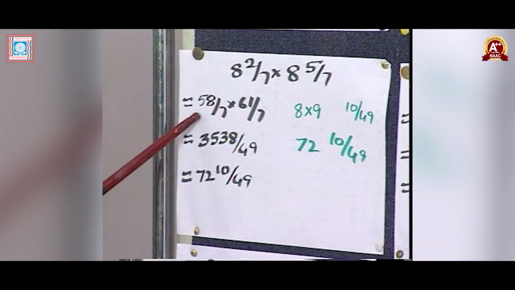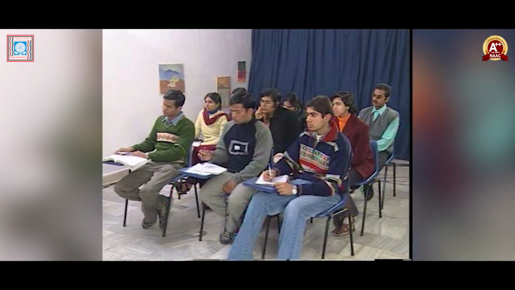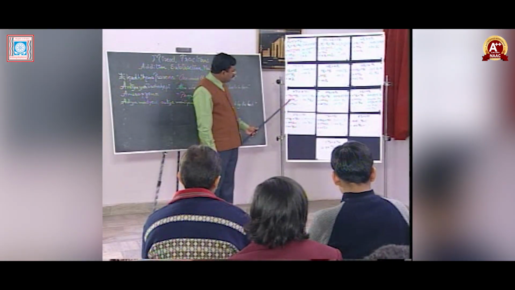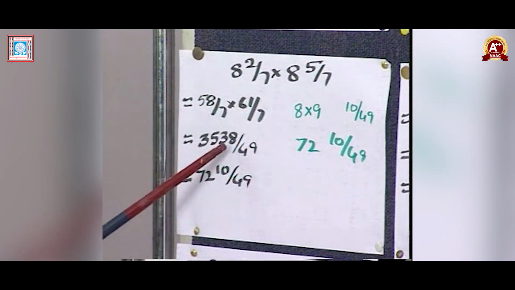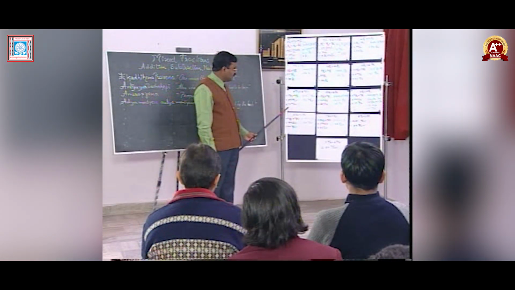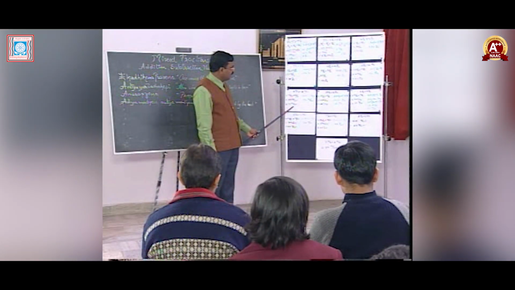The result of 58 multiplied by 61 is 3538. 7 7s are 49. 3538 divided by 49, converted to a mixed fraction, gives 72 integer 10 by 49.